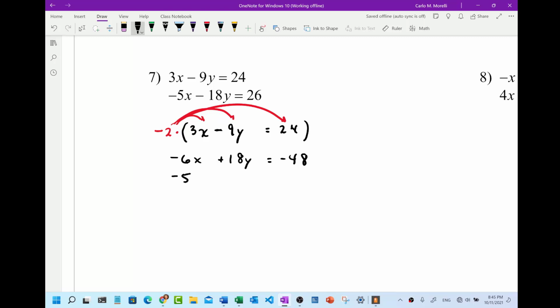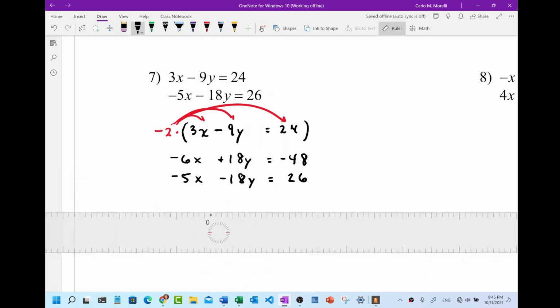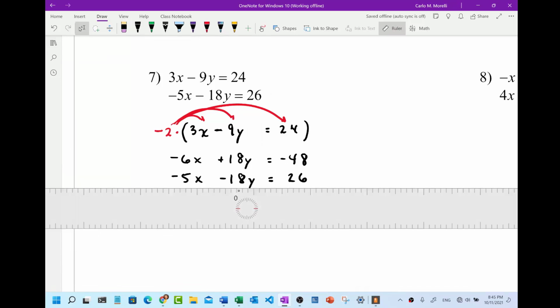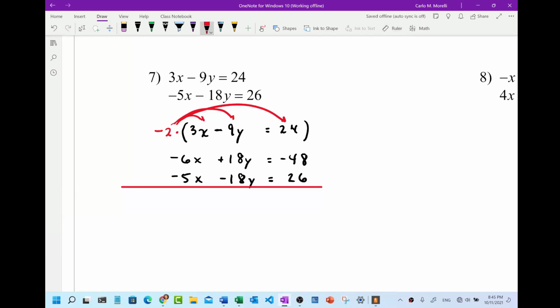We've got negative 5x minus 18y equals 26. Okay, and so now it's time to stack add. Right? So we're doing elimination by addition, and this cancels.